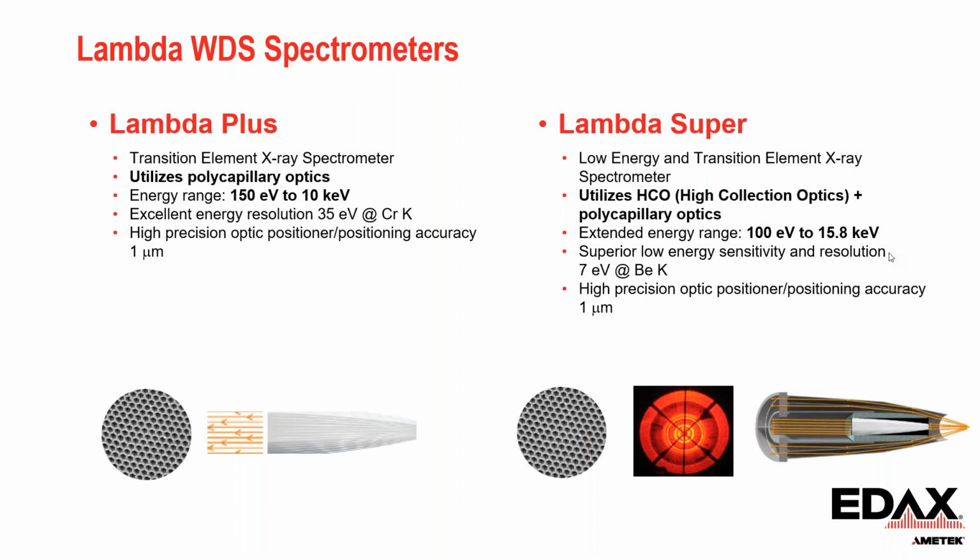It utilizes hybrid optics, a high collection optics plus polycapillary optics. It extends the energy range. On the lower energy side, it goes down to 100 eV, and on the higher energy side, it goes up to 15.8 keV. It has superior low energy sensitivity and resolution.